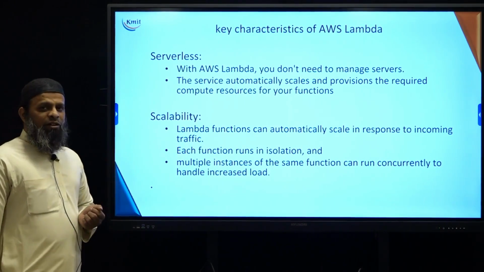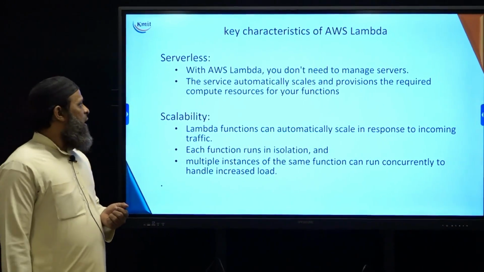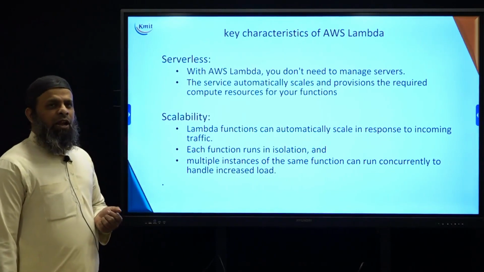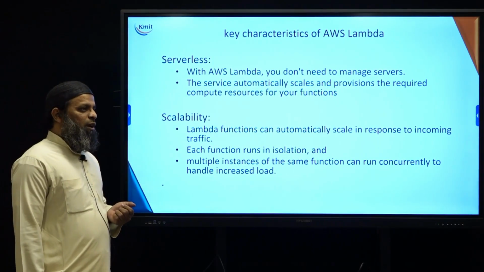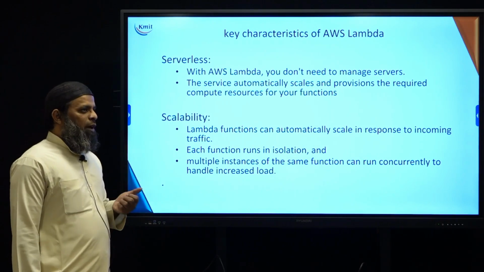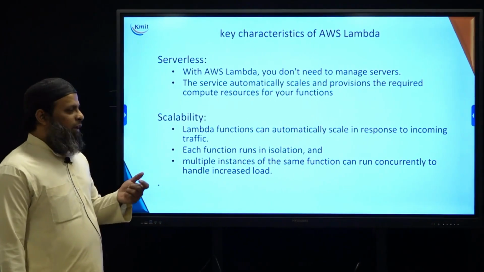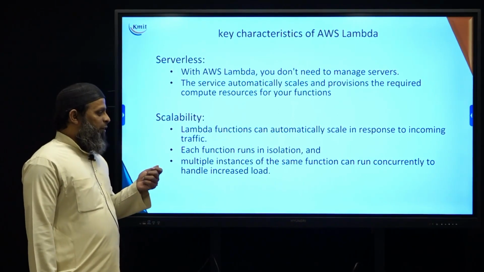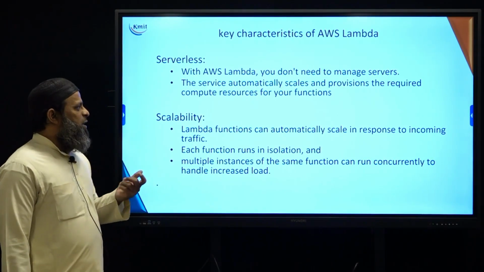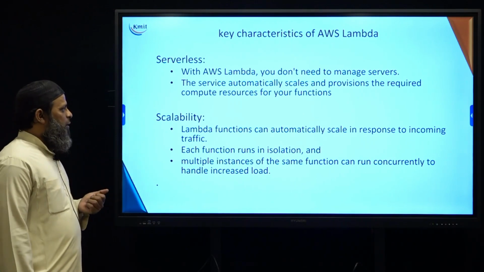A few characteristics of this Lambda function are: it is serverless. As I said, it does not require any server. The resources required for executing the task given by the client are managed by servers provided by AWS.